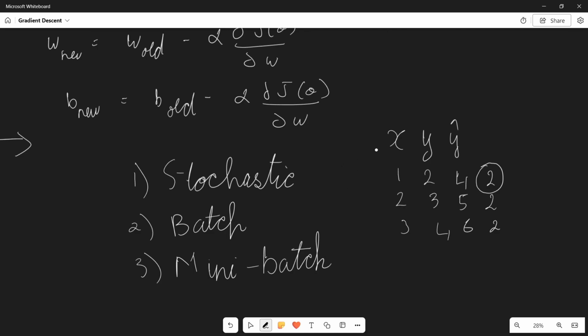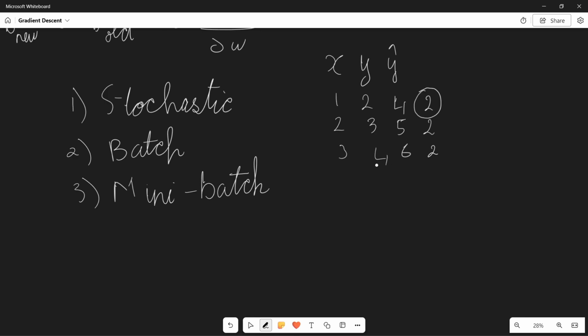And in the batch gradient descent, these entire 3 rows will be considered for the calculation of the gradient for just one updation. So in stochastic gradient descent, each row will update the weight, but in batch gradient descent, these 3 rows will be considered only for a single weight updation. So this is the batch gradient descent.